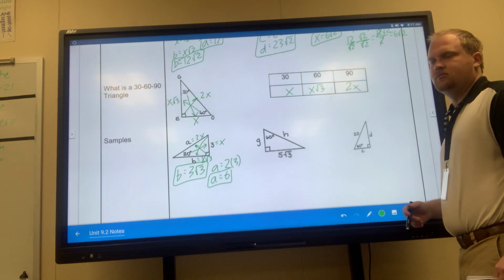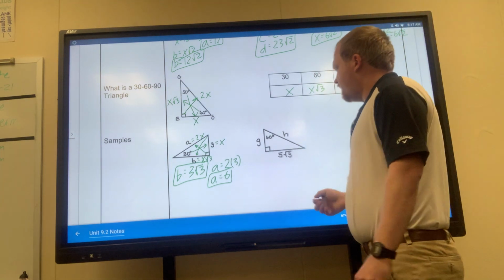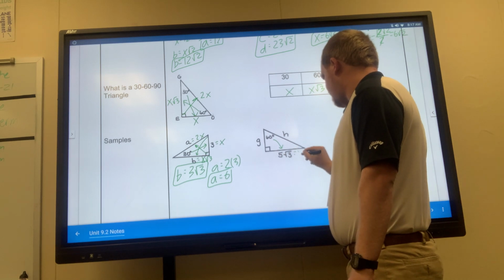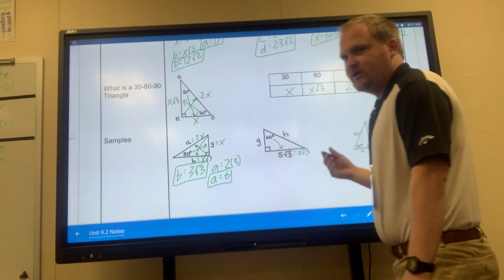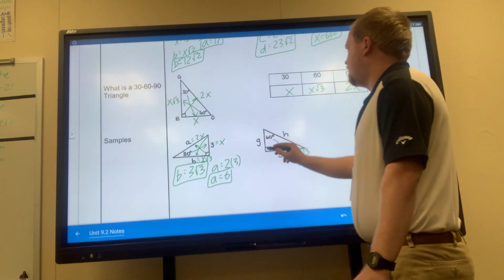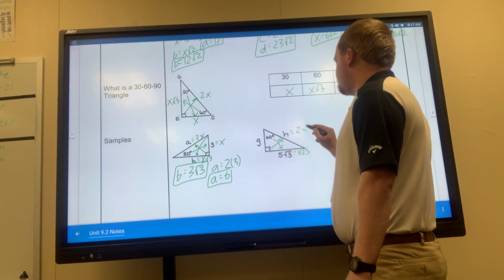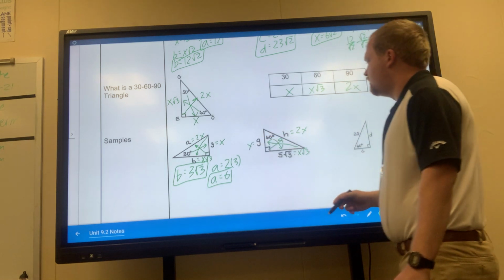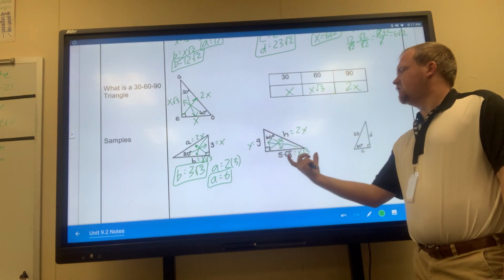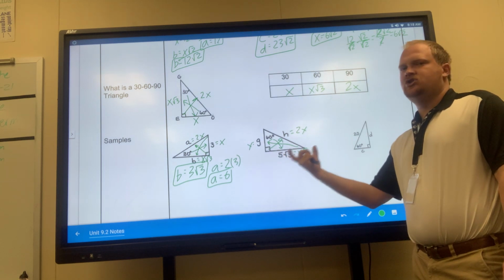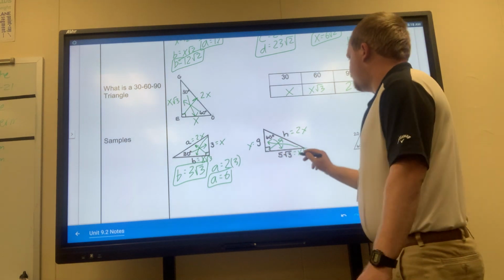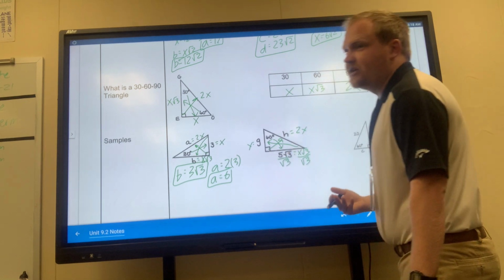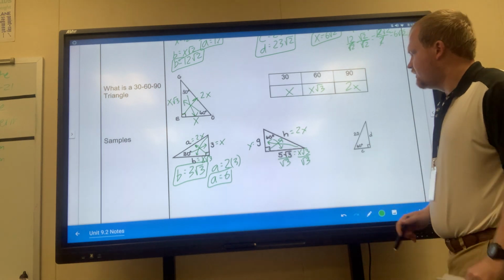Pretty simple. But let's try this one. Opposite 60 degrees is x square root of 3, so I have to set those two equal to each other. Opposite 90, h is 2x. Opposite 30, g equals x. So when I set it up like this, I solve for x. Let me start over.